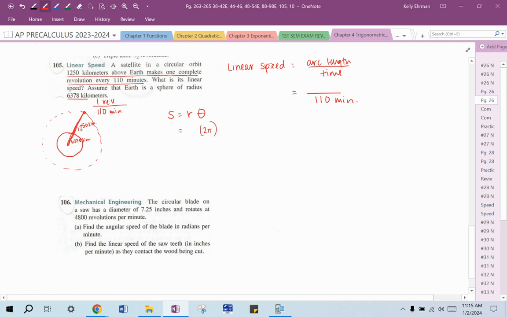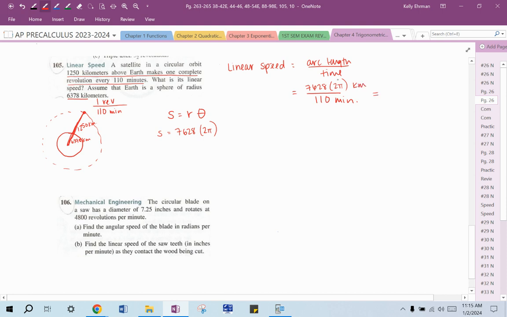So if I add these numbers up, which again I've done ahead of time, I got 7,628. So this is the arc length. And then I'm going to pop this into my calculator to see what it comes out to. R is measured in kilometers.